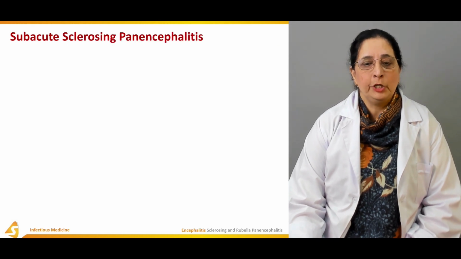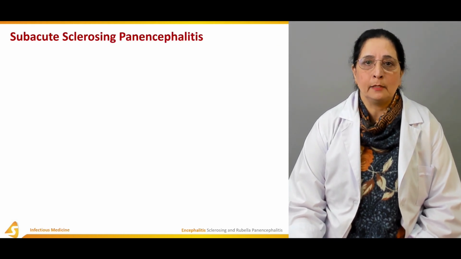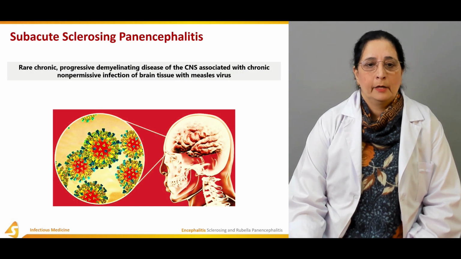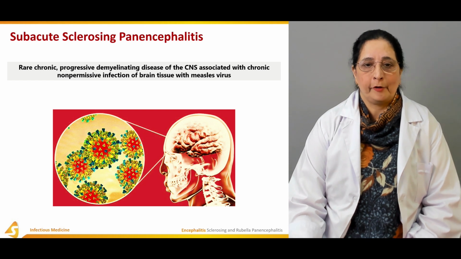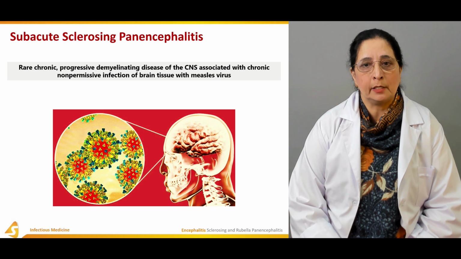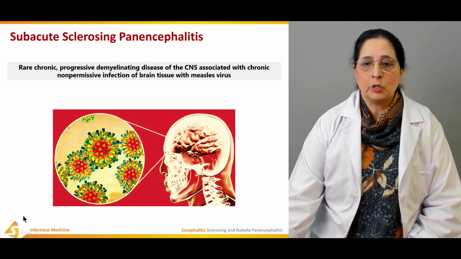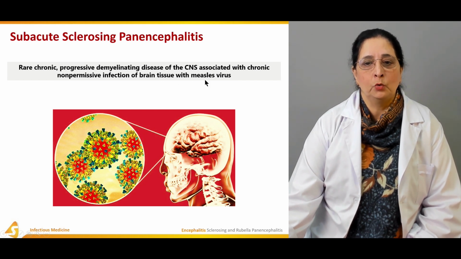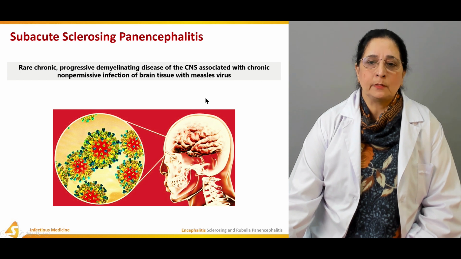So subacute sclerosing panencephalitis. Rare chronic progressive demyelinating disease of central nervous system, which is associated with chronic non-permissive infection of brain tissue with measles virus.